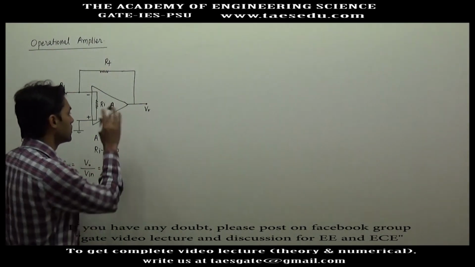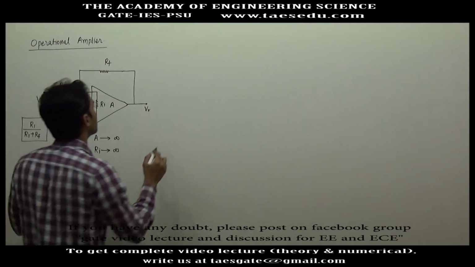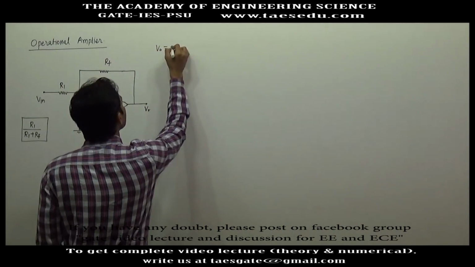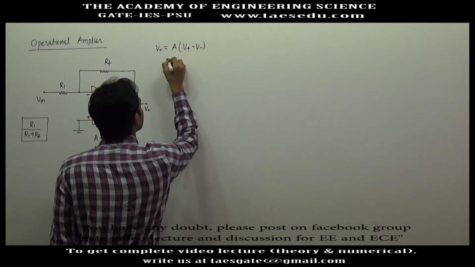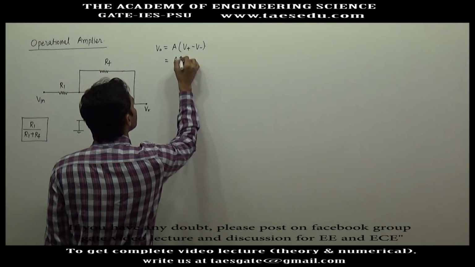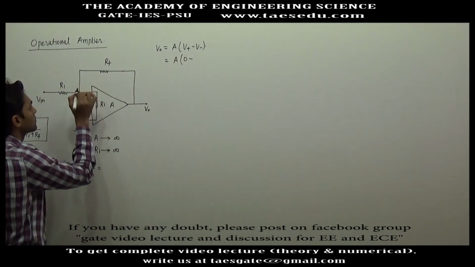So for output voltage, what is the op-amp input voltage? For the op-amp, if we write the formula, we will write output is equal to A into V plus minus V minus. V plus is nothing but 0, and what about V minus?